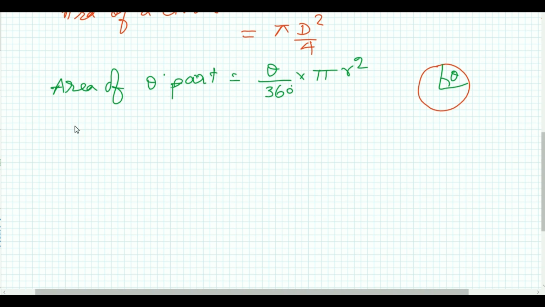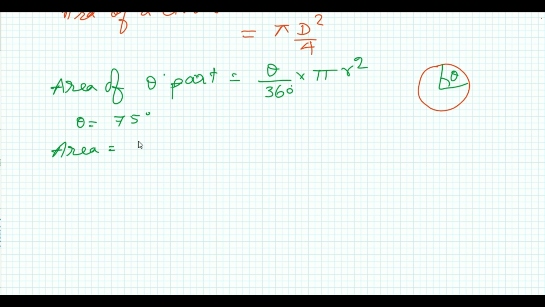If theta equals 75 degree, then we apply the formula like this: area equals 75 degree by 360 degree into pi r square.